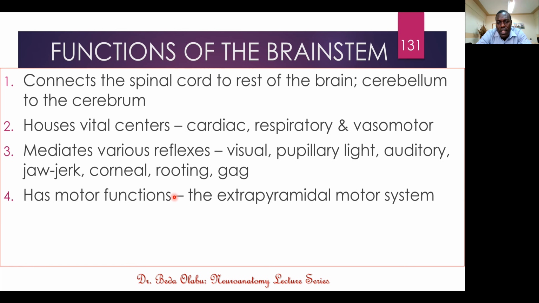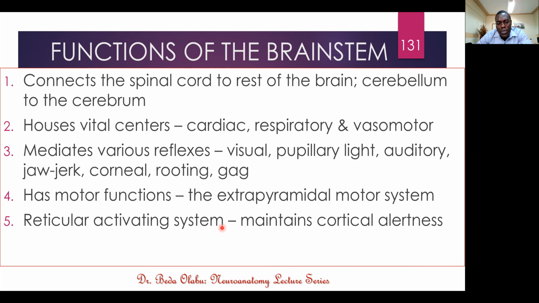So this is how the cerebellum and the basal ganglia exert their control on muscles: by projecting to the brainstem. Then from the brainstem, you have upper motor neurons which go to muscles. Therefore, if you have injury in the brainstem, you're also likely to affect the extrapyramidal system.